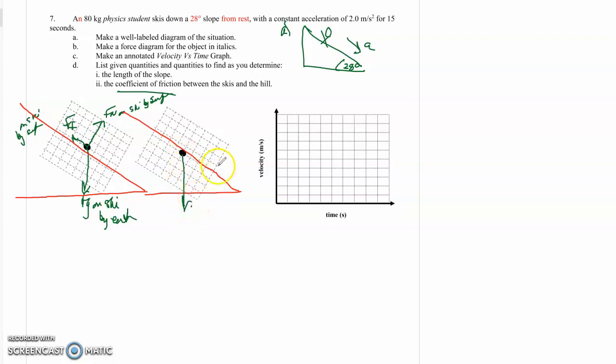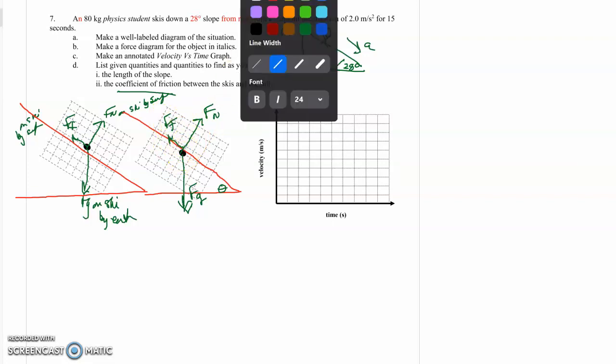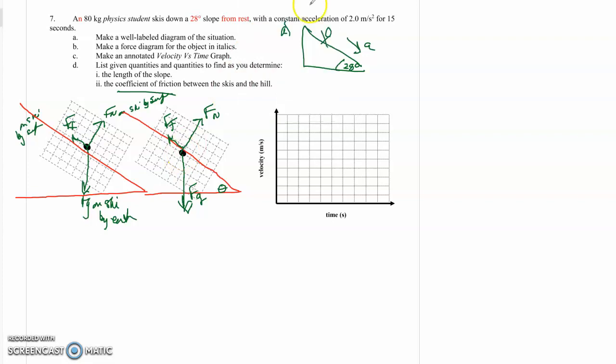FG here. I'll just try to remind you of a few things about inclines. It's always better if you can put the FG over here close to theta. Then we still need to have the same forces that we had on the other diagram, right? So we don't lose any, but when we're doing the components, then we can actually put the components in. So I think I'll just make this blue.